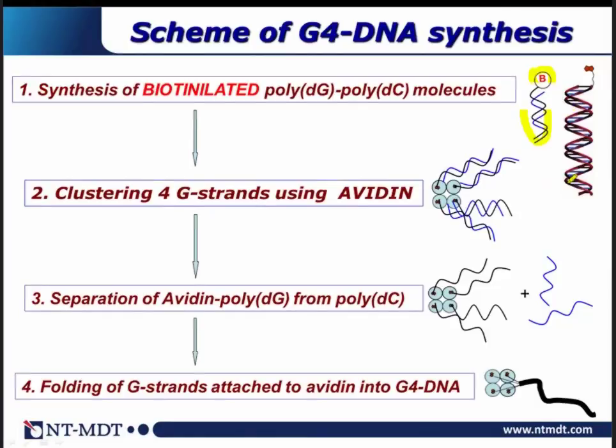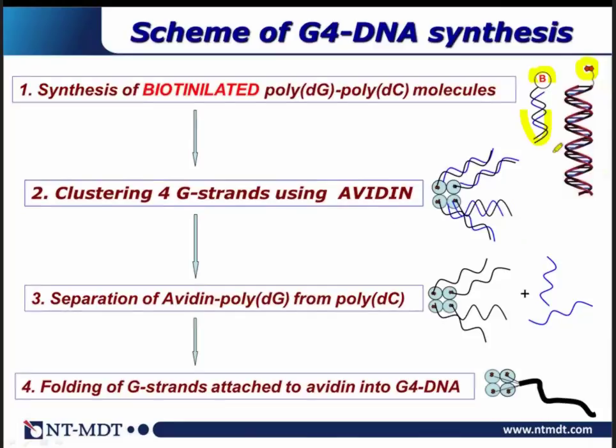Then we use the same strategy for elongation, extending these molecules into long polymer, and again, in the synthesized molecule, you have this biotin. Now, the second stage is clustering. You interact the Avidin tetramer with those molecules, producing a complex.